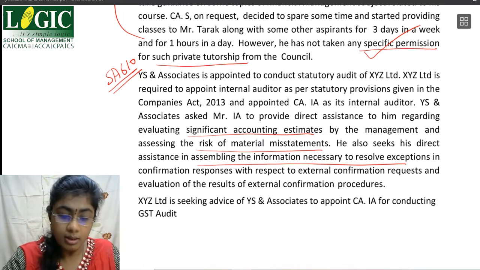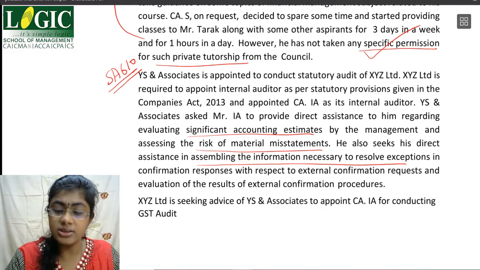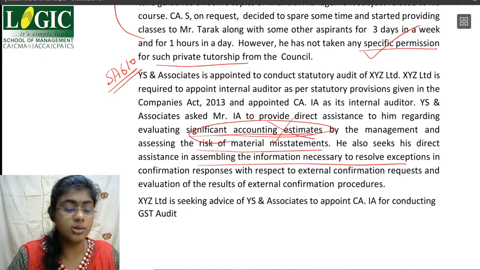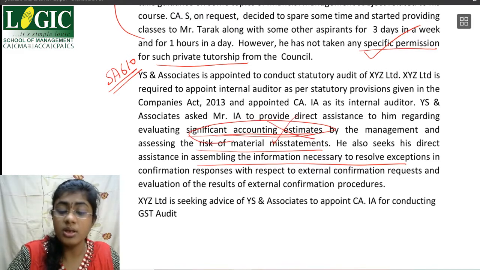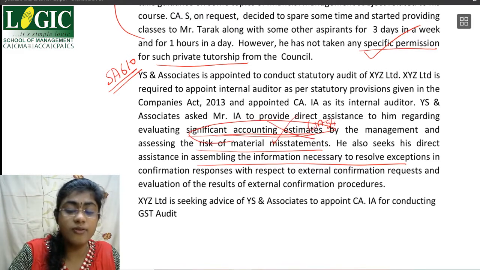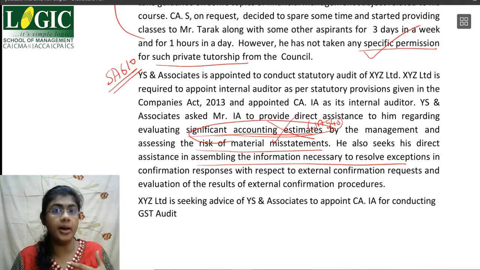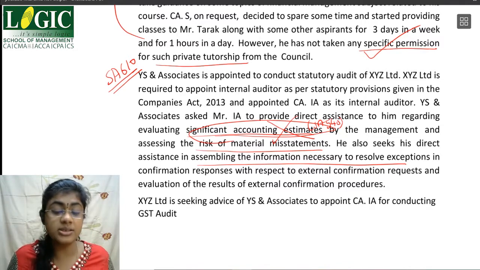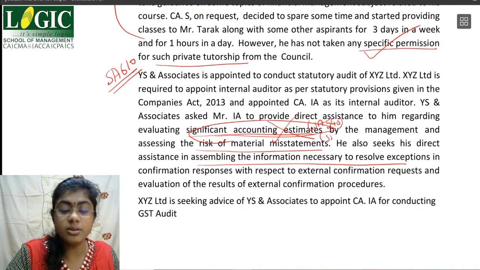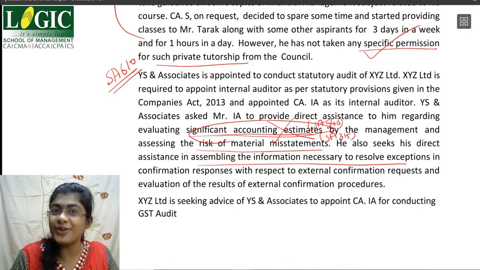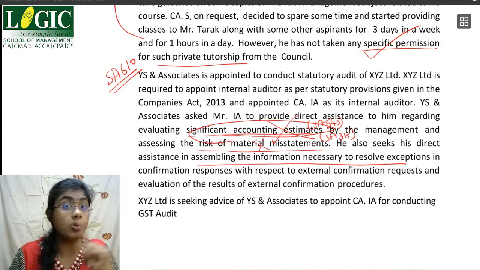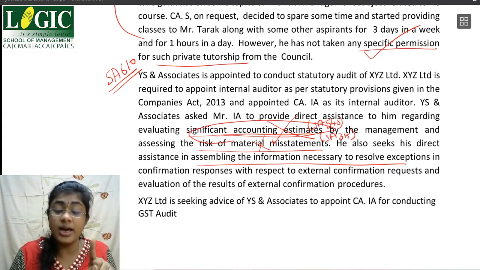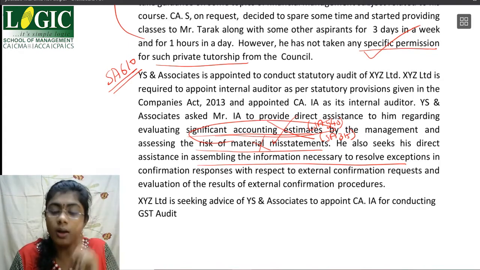Here, internal auditor's direct assistance is taken where? Accounting estimates. No, you can't. It's related to SA 540, which should be done by the external auditor himself. Assessing the risk of material misstatement relates to SA 315. In that area also, the external auditor shall not seek direct assistance of the internal auditor.